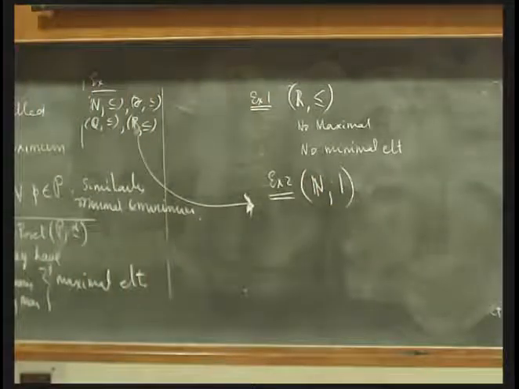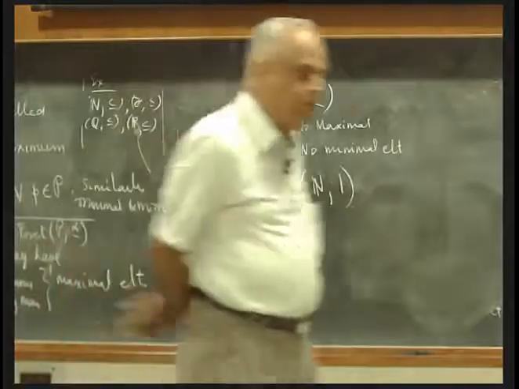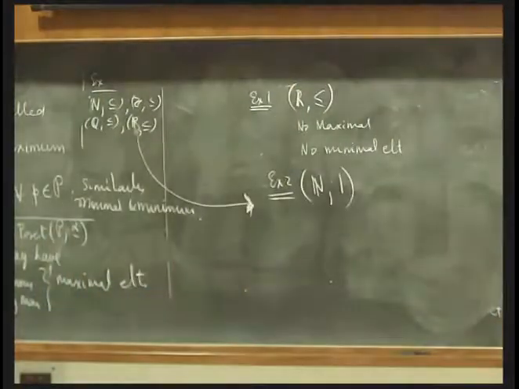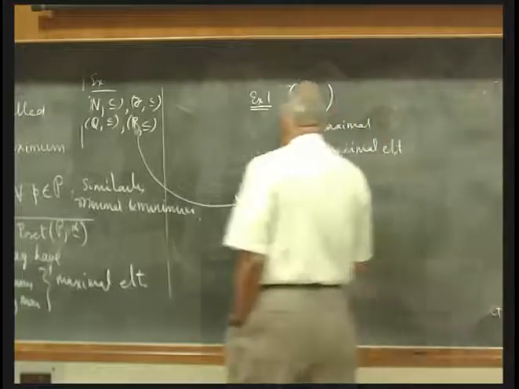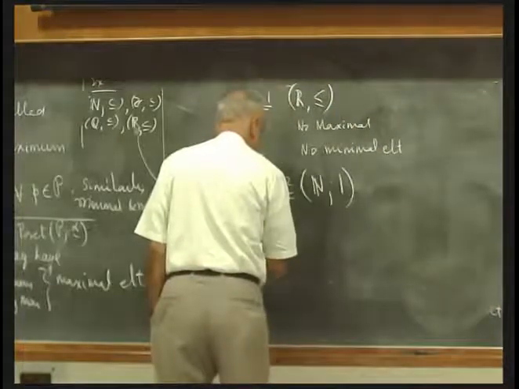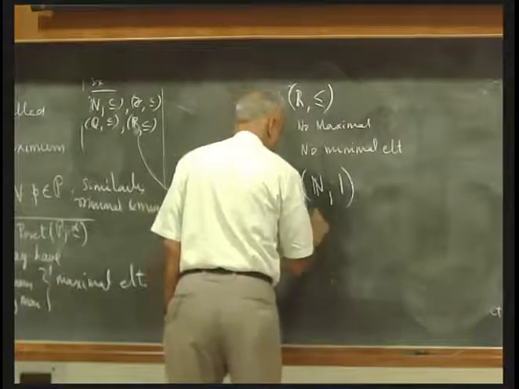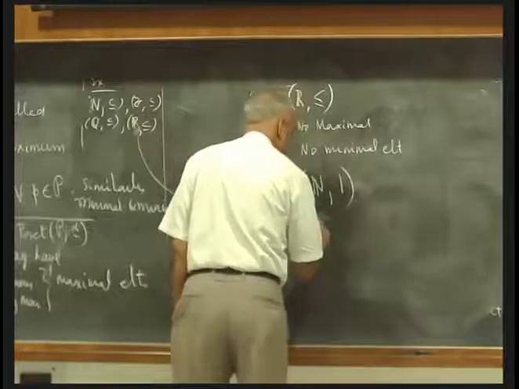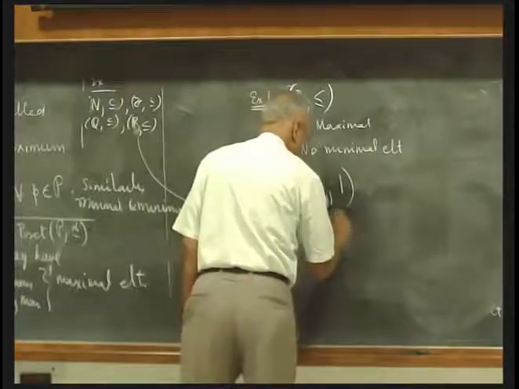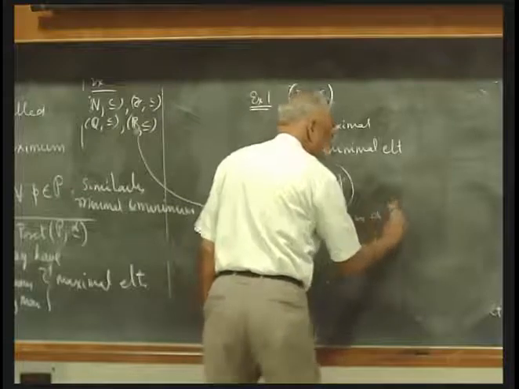Let us take this example. That is the set of all positive integers where the relationship is A related to B if A divides B, or B is a multiple of A. Now let's see what should be a maximal element.